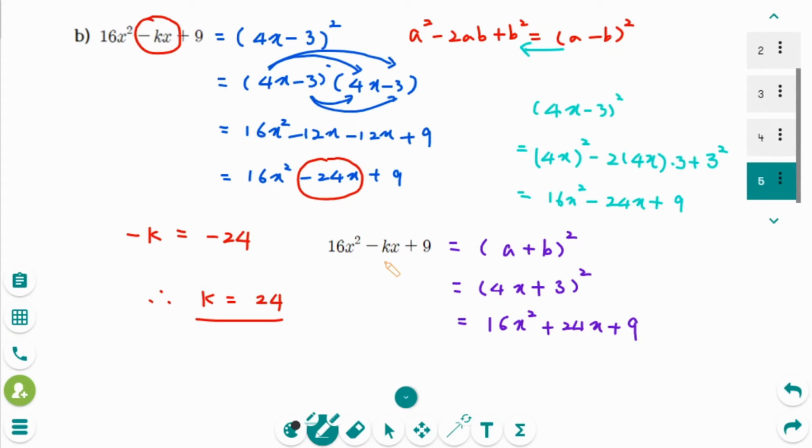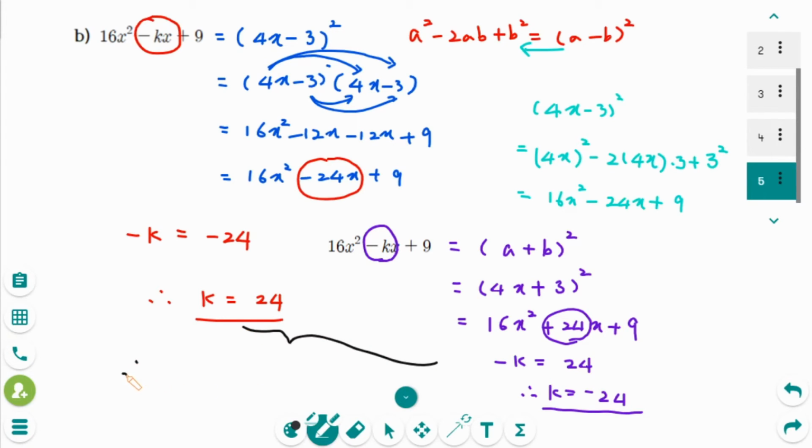So minus k can be 24. That means k equals minus 24. So by these two, the final answer is k can be 24 and minus 24. This is the final answer.